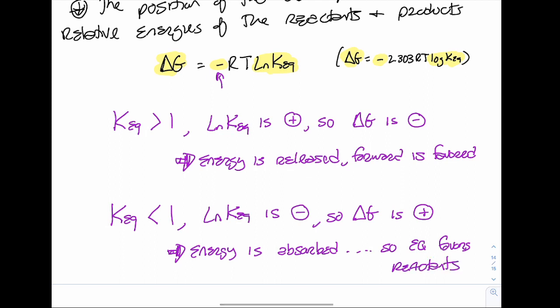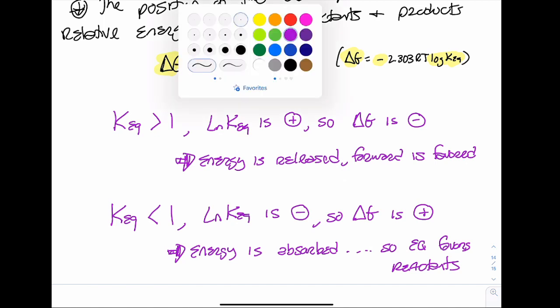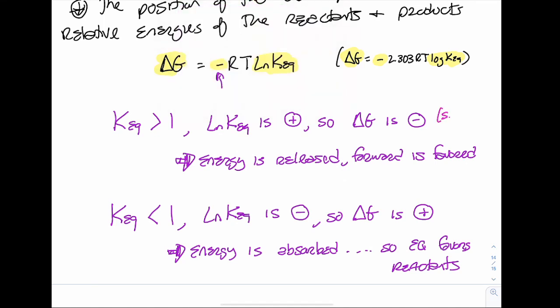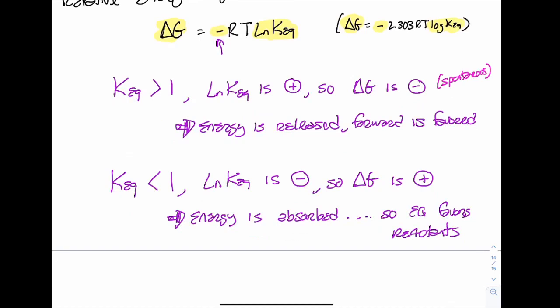The opposite of a spontaneous reaction, which is what my first example is, right? If my free energy change is negative, this is spontaneous, and if it's positive, it's non-spontaneous, meaning the opposite direction of a non-spontaneous, which is what this is in the forward direction, right? If it's non-spontaneous in the forward direction, then it's going to be spontaneous in the reverse direction.